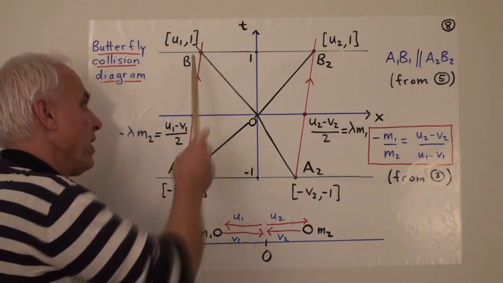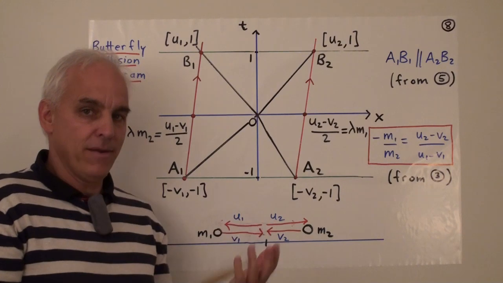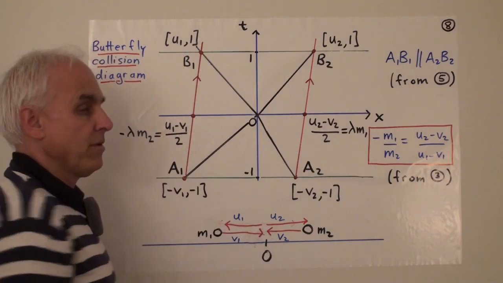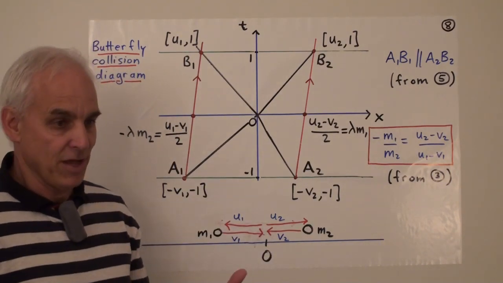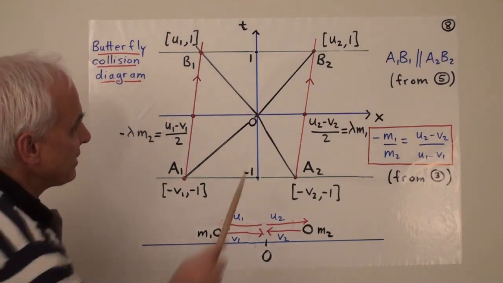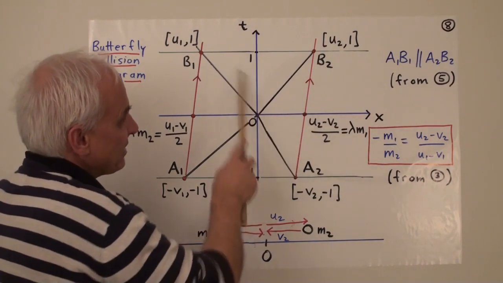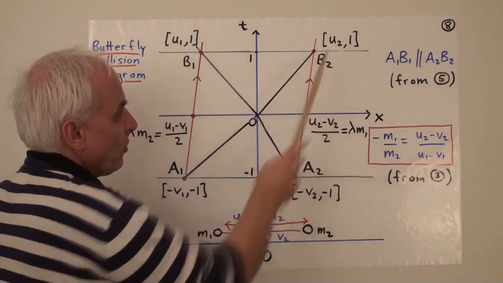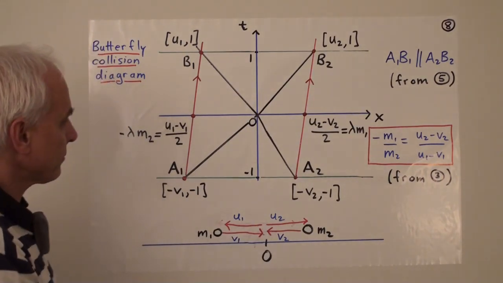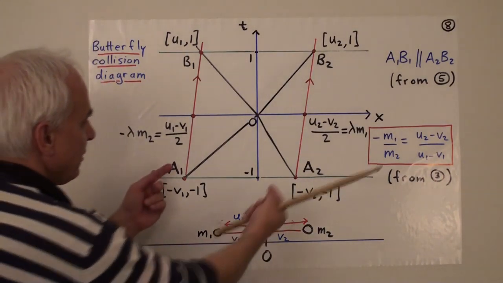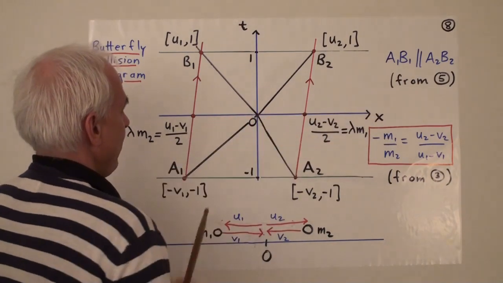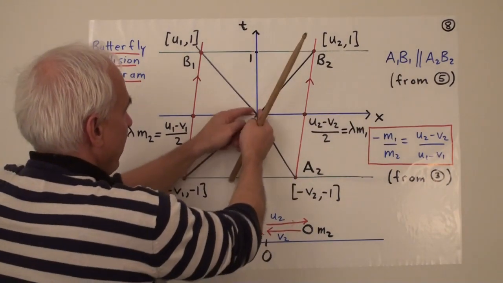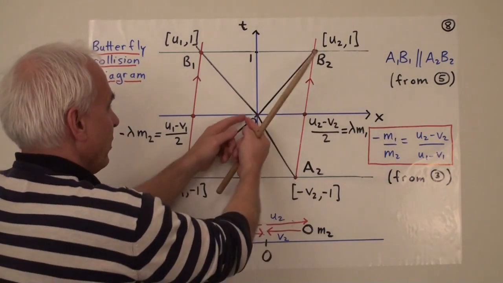And we've organized it so that the change of t is 1, and so the change in x is u1, because we're assuming that velocity is u1. And similarly, this one here meets the line t equals 1 at the point u2, 1. All right, so here are these two particles bump, and then they come out. These are the two world lines.